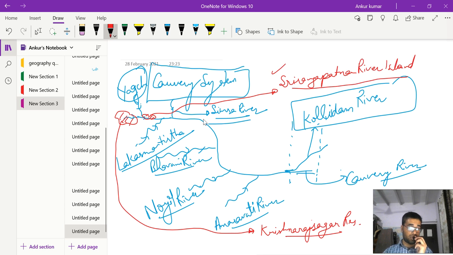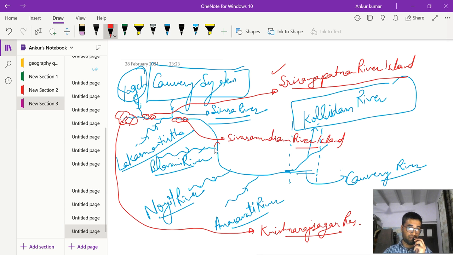One is Srirangapatnam River Island, and another is the Sivsamudram. Here you have the Sivsamudram River Island. Okay, the two riverine islands.